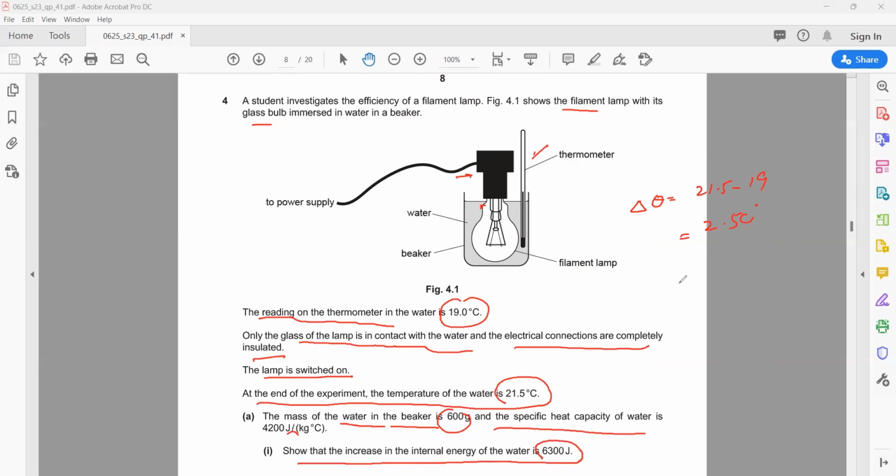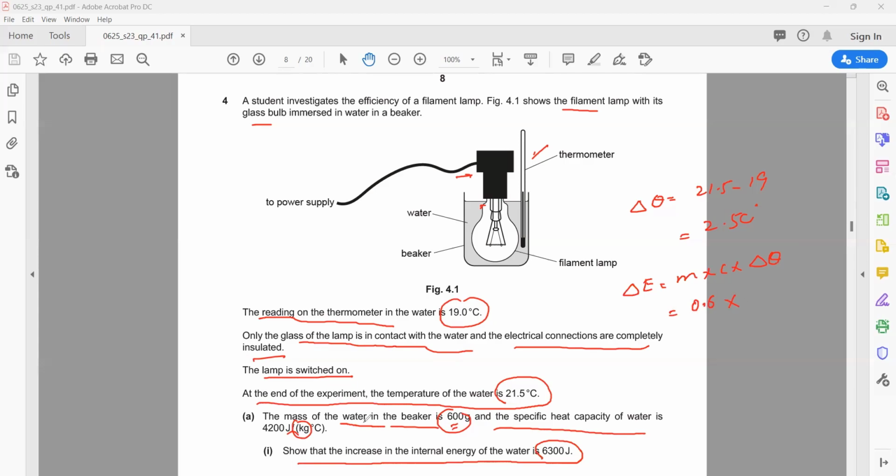So you know the formula: change in energy, delta E, is equal to m times c times delta theta, I mean change in temperature. So what is the mass of water? It is given already, that is 600 grams. But we need it in kilograms because here the unit is kilogram. So it will be 0.6.